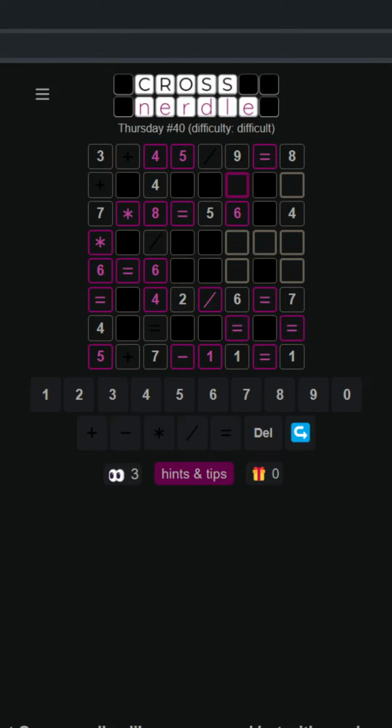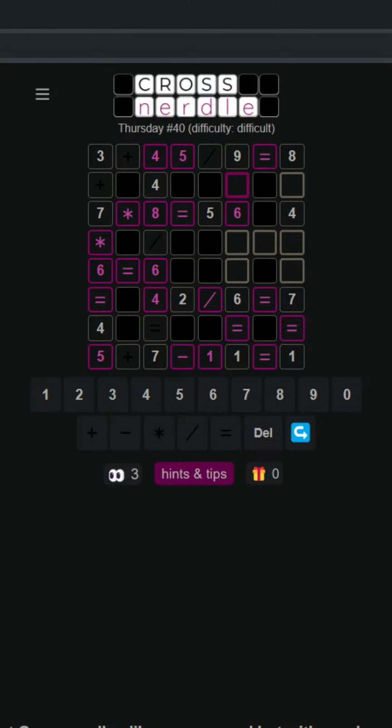It could also be division. 9 plus 6 is 15. Minus 16? No. It could be 9 minus 6 to get 3.